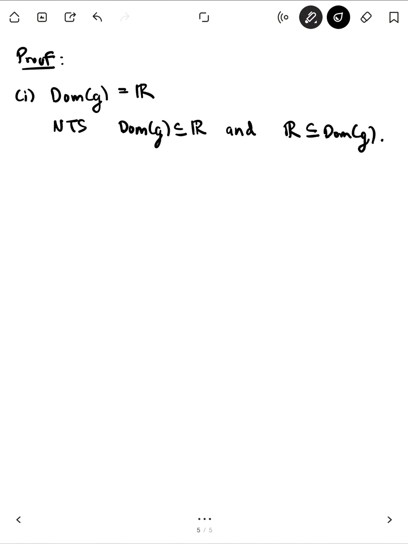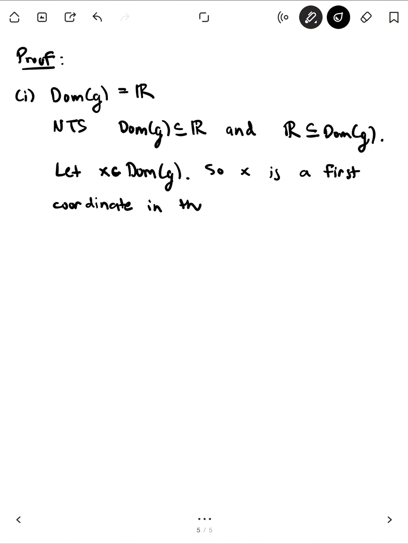Okay, so in that spirit, let x be in the domain of g. That means x is a first coordinate in the ordered pairs that comprise g.